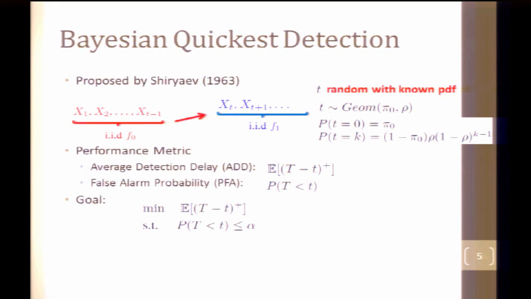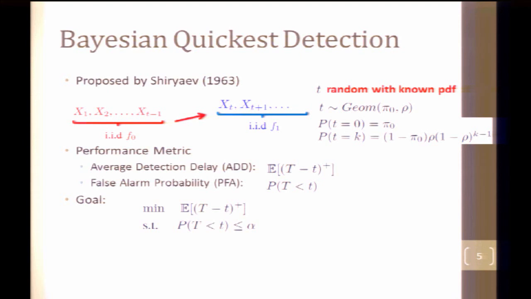In this case, there are two performance metrics. The first one is the average detection delay, which is the time you raise the alarm minus the time the change happens.